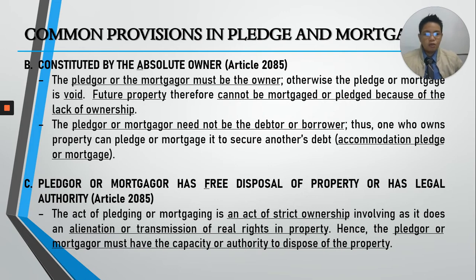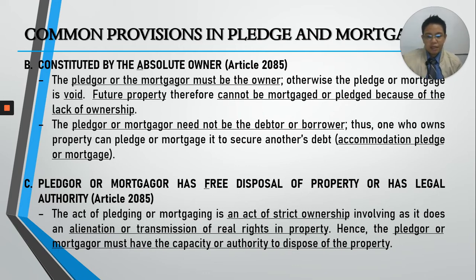Now, also, take note na, ay qualify ko lang di ba, sabi ko kanina, yung pledger or mortgagor must be the owner of the thing. But remember also that they can act through an agent. So, ang agent, pwede siyang magsangla as long as it is within the authority given to them by the principal.